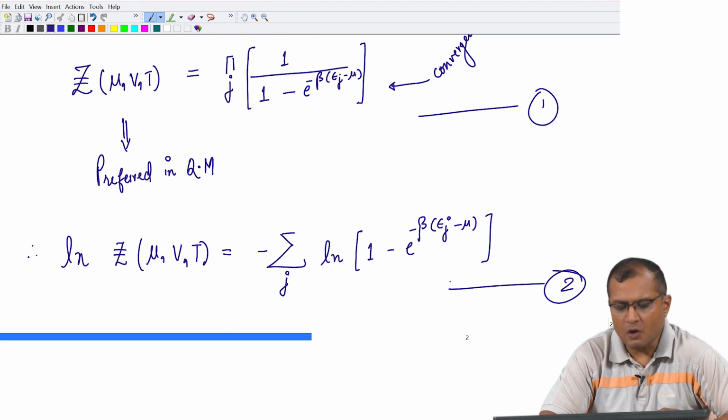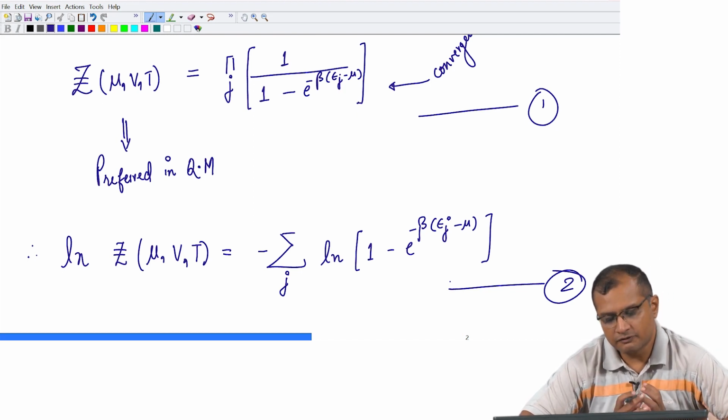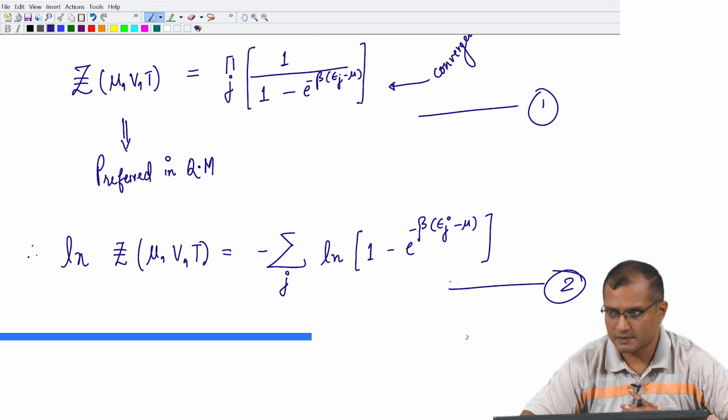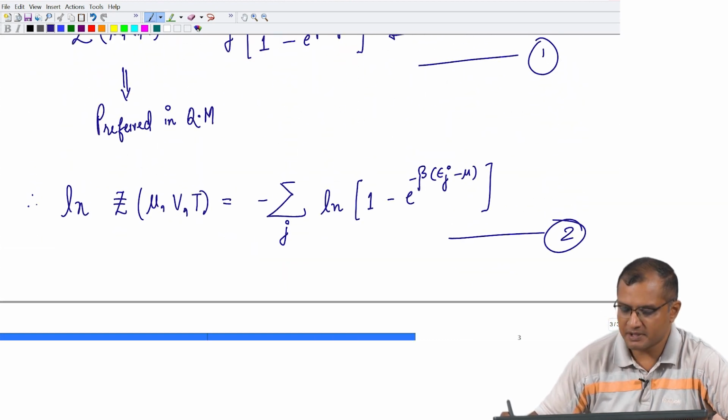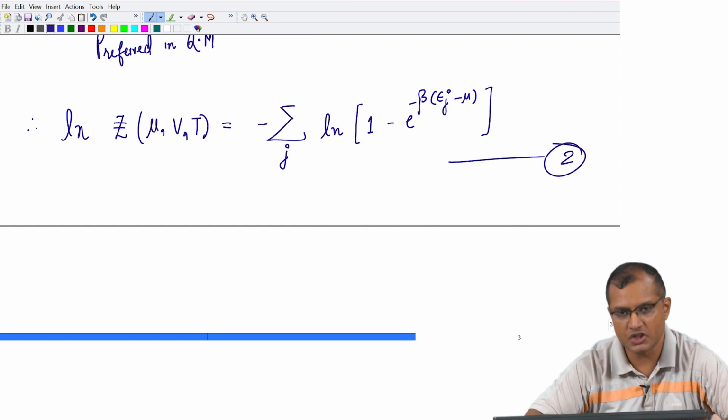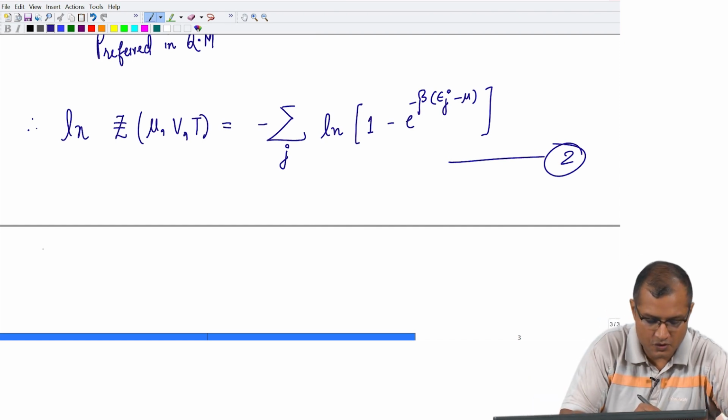So, we are now in a position to form the statistics of bosons. This discussion was for bosons, so I am going to derive the average occupation number of bosons in some energy level j. Deriving the statistics is now very straightforward.